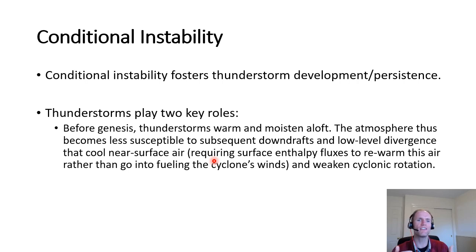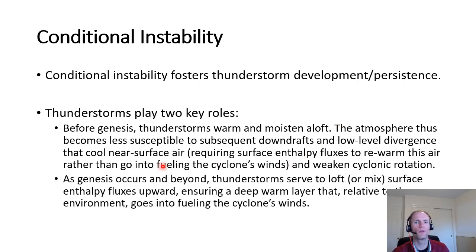We want the ocean's energy to go into spreading warmth over the entire atmospheric column. We don't want to continually have downdrafts bring cold air toward the surface that the ocean has to warm, then you get another thunderstorm, and it does the same thing. You want a single thunderstorm to persist without these downdrafts disrupting things.